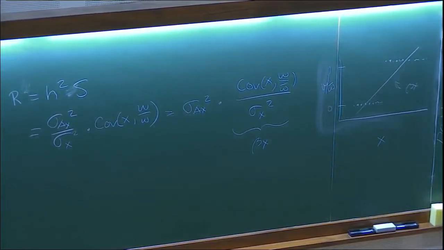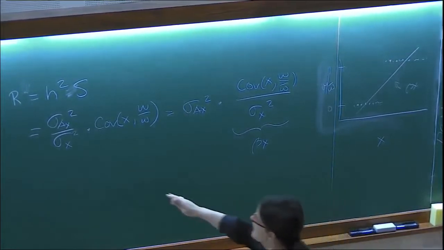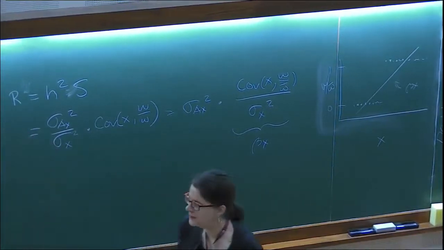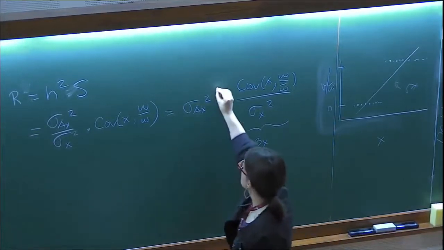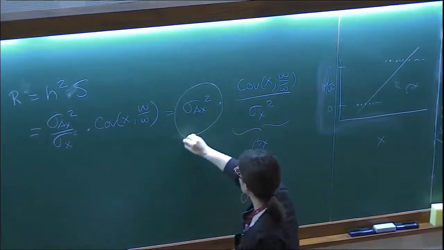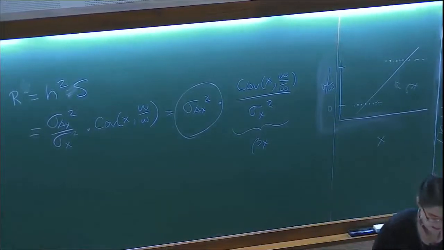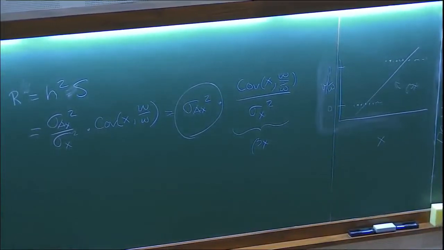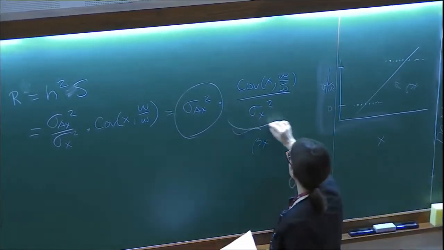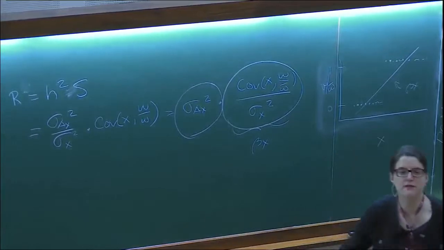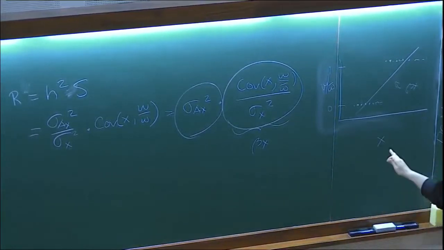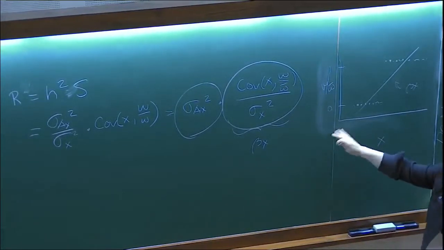So what this is doing is writing the response to selection in a slightly different way, yet again. We're writing it as a part that is purely genetic, if you like, that's purely part of the genotype, this additive genetic variance that we've been talking about, and then a part that is really a description of phenotype, because this is just a description of how phenotype and fitness are related to each other.